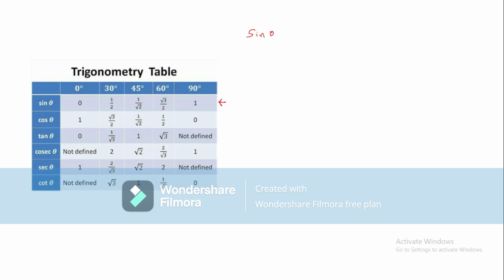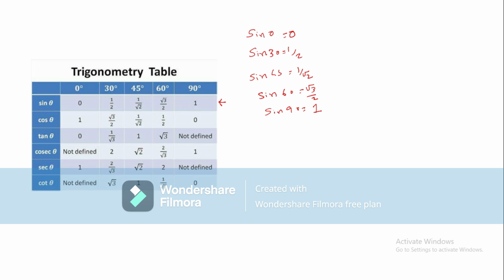Sine 0 is equal to 0. Sine 30 is equal to 1 upon 2. Sine 45 is equal to 1 upon under root 2. Sine 60 is equal to under root 3 by 2. And sine 90 is equal to 1.